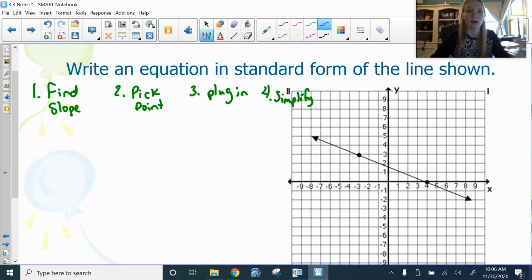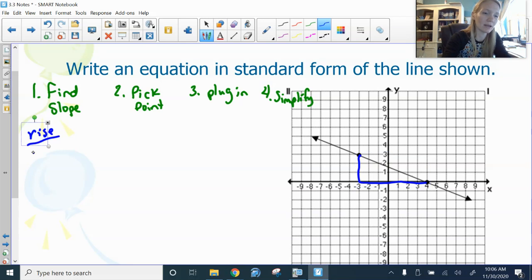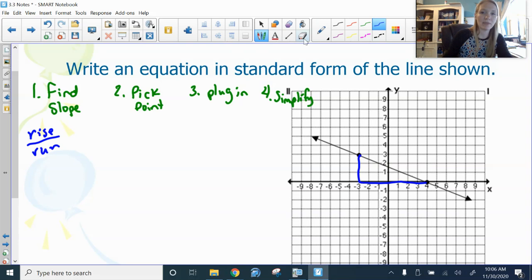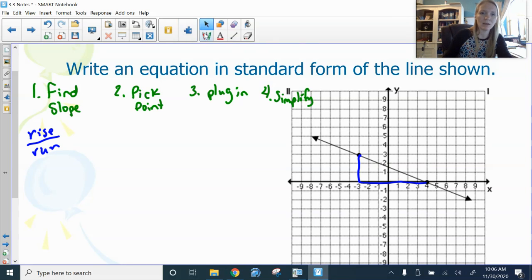Okay. So big step first is finding our slope. Remember our slope? In a graph, you can do your slope a couple of ways. You could identify your points and then do your slope formula like we did before, or we could do our rise over our run. In that case, I think it might be easier to do rise over run than our slope formula.